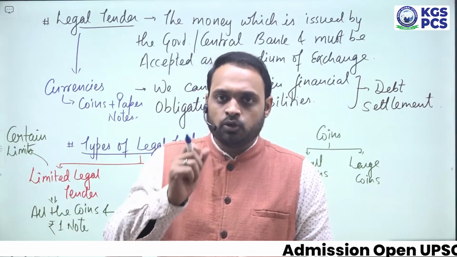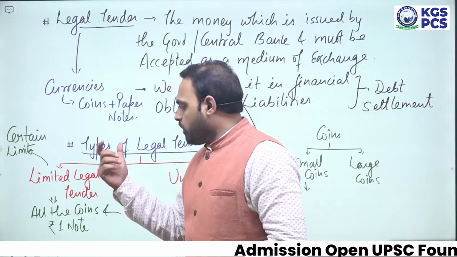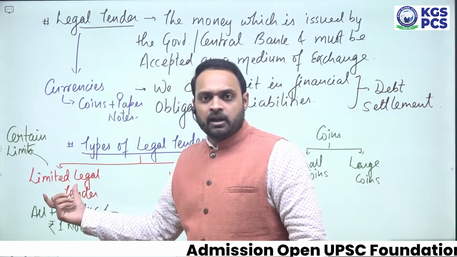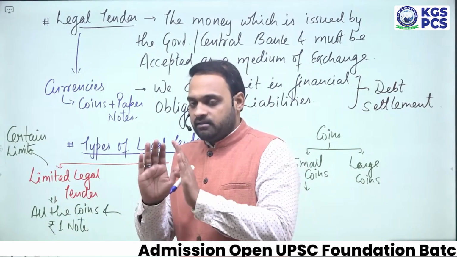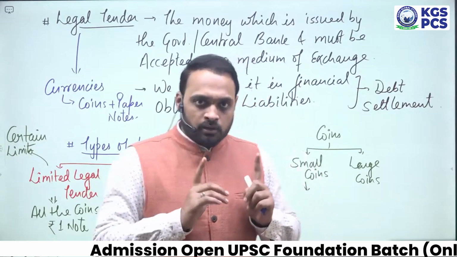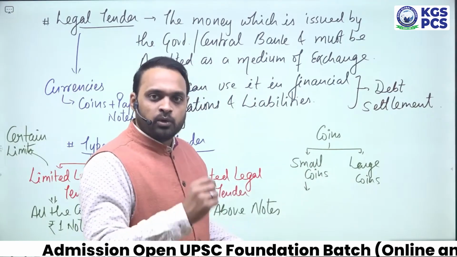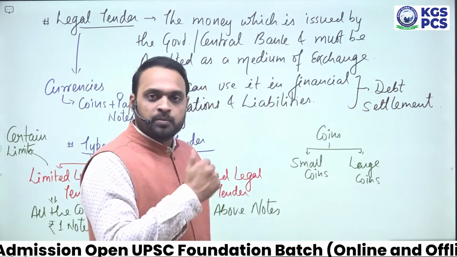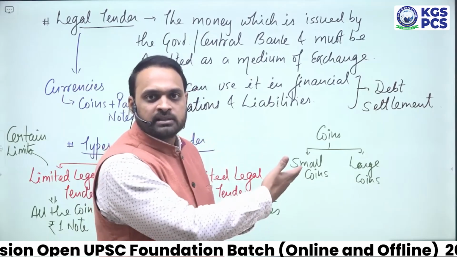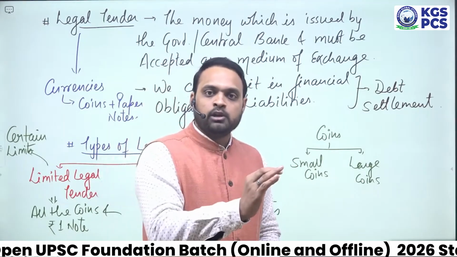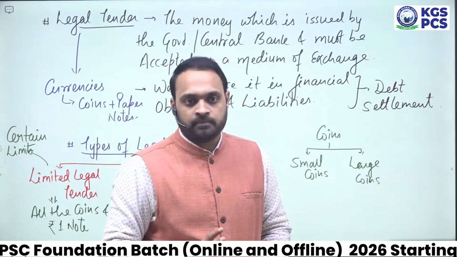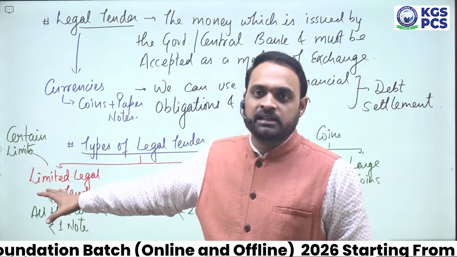So I think Vineet, you got the answer. What is limited legal tender and why is it called that? Small coins can only be exchanged up to rupees 100 and large coins up to the value of rupees 1000. That's why they are called limited legal tender.